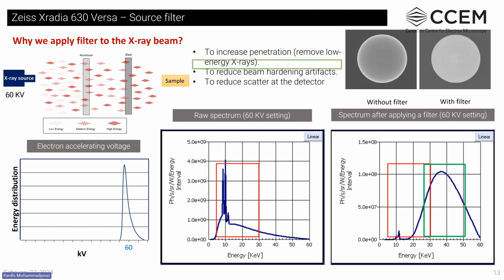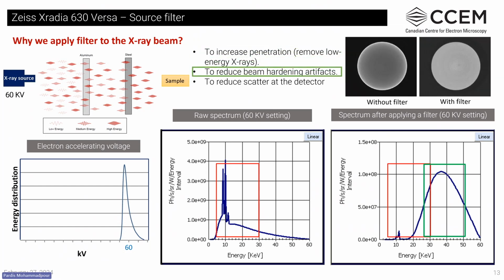The second reason is to reduce beam hardening artifact. When the X-ray beam passes through an object, different materials or similar materials with different thicknesses attenuate X-rays to varying degrees. This makes the X-ray beam heterogeneous. That creates this beam hardening artifact. For example, in this example, the outer layer looks brighter, but after applying the filter, we helped make the beam more uniform.